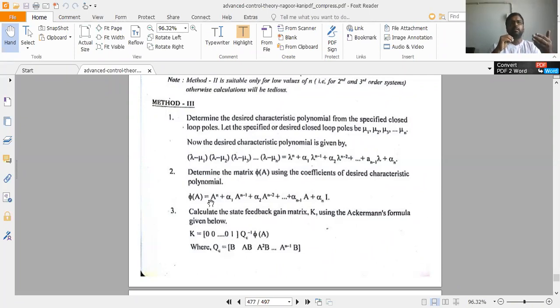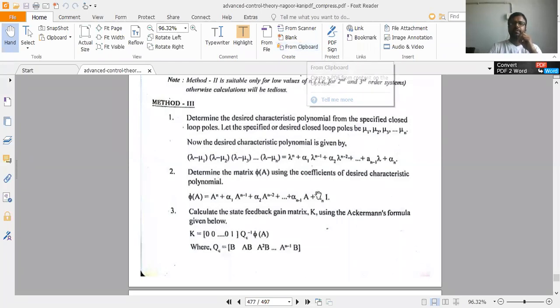That means we have to determine the state feedback gain matrix capital K with Ackermann's formula, and it has to be verified or compared with the other method which we have. Both the values should be equal.